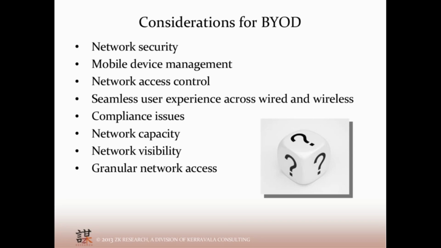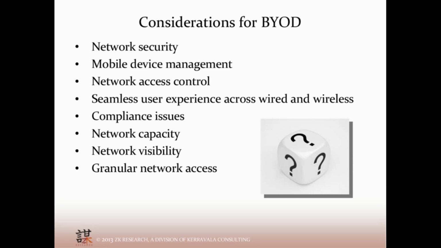MDM I think is still an important consideration, although, again, used to augment your network strategy. Network access control or some sort of identity management is needed to understand who users are and what they're allowed to do where. For instance, if you've got a doctor, you wanted them to be able to access patient records on a tablet by bedside, but not down in the cafeteria. You want to have a seamless user experience across the wired and wireless network.